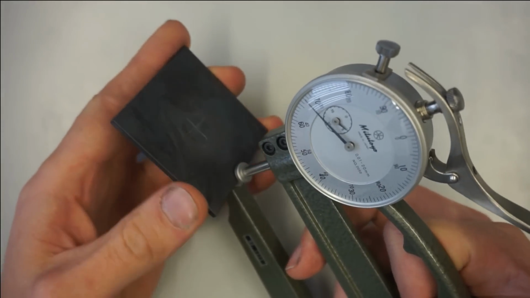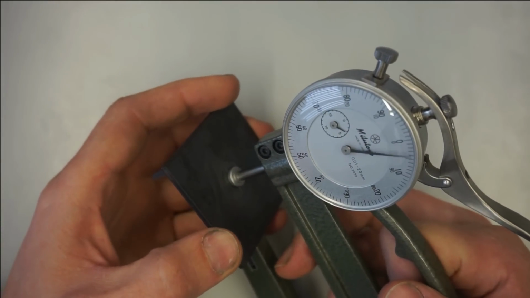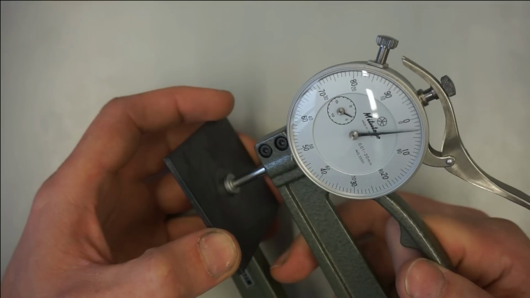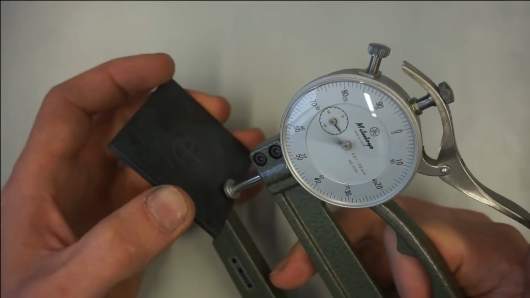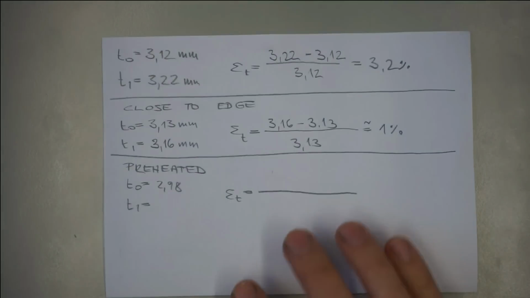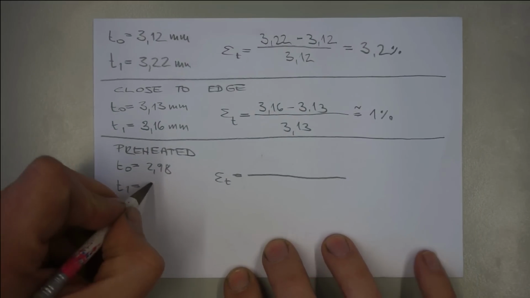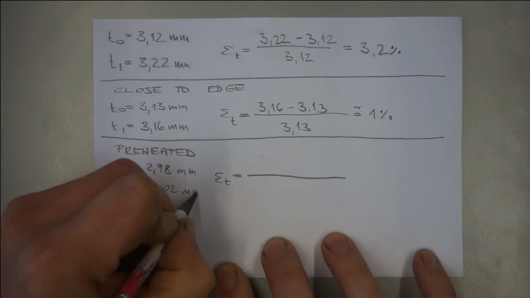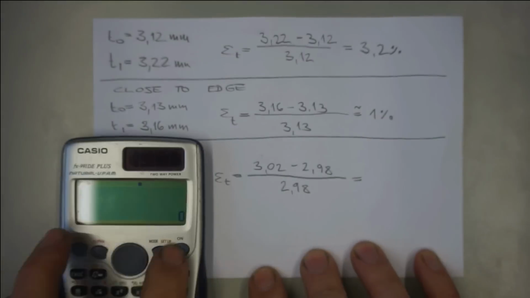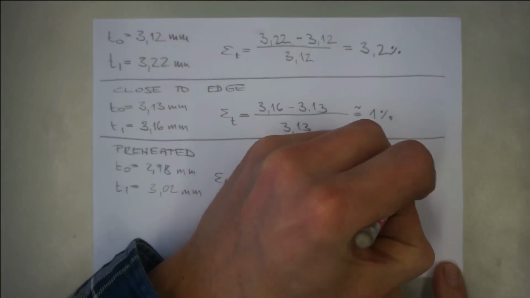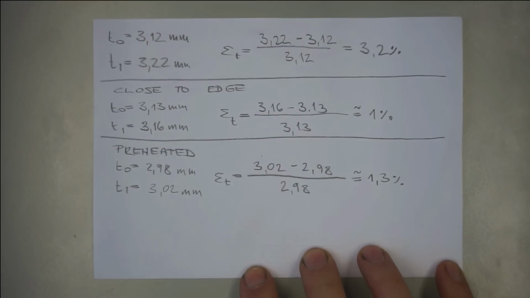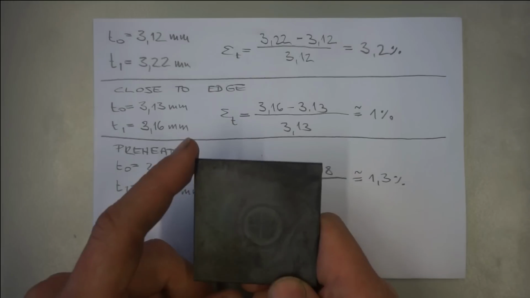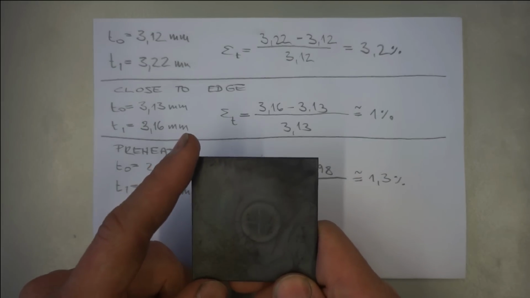Thickness after cooling is 3.02 millimeters, which gives a thickness strain of approximately 1.3%. This one is also notably less than what we got with the first spot.